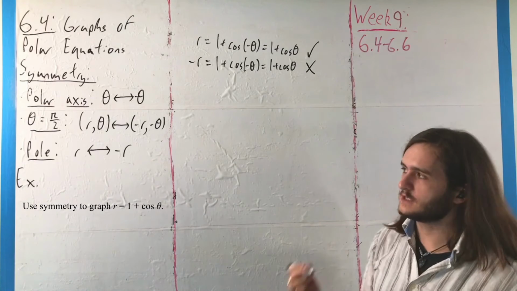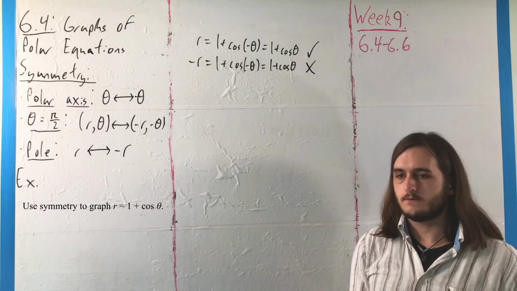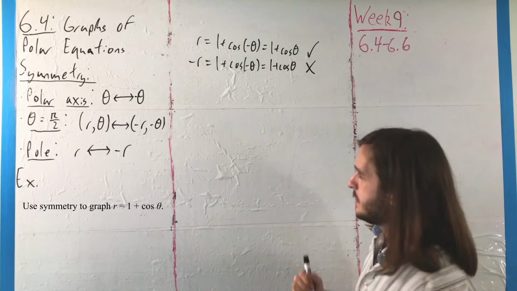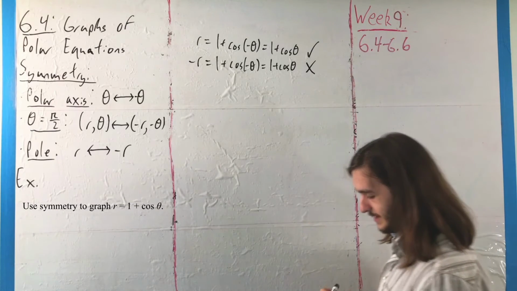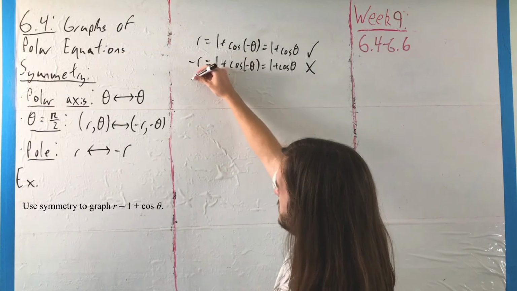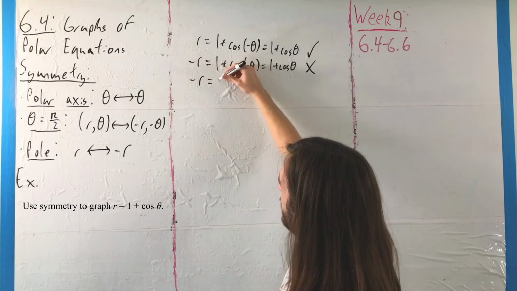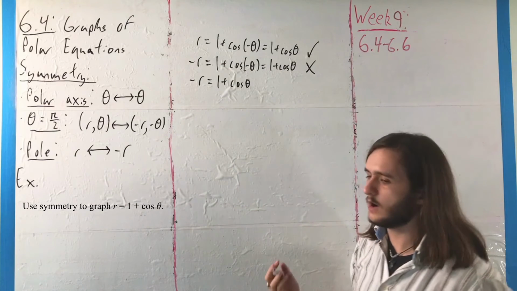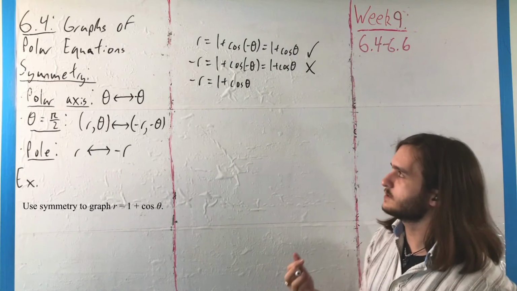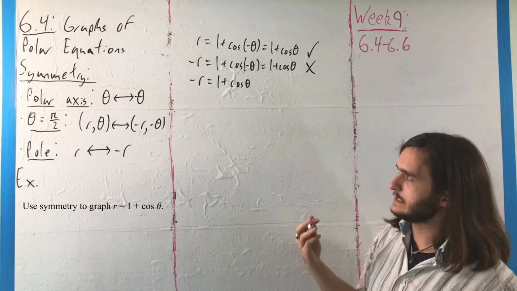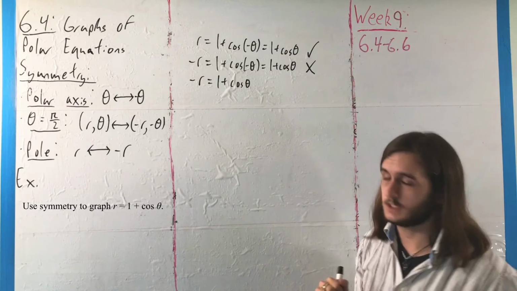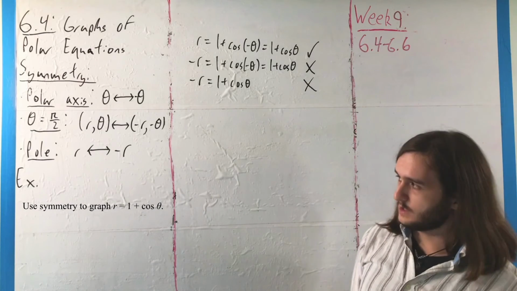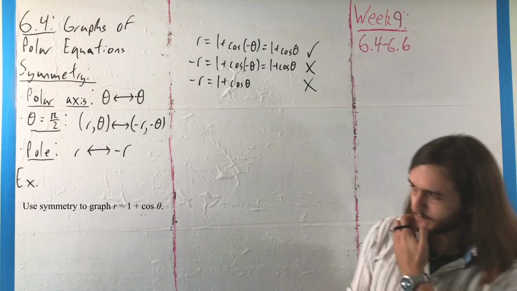So we don't have symmetry with the vertical axis along the angle pi halves. And then finally, for the third case, well, it fails for essentially the same reason. Negative r equals 1 plus cosine of theta is the same as saying r is equal to negative 1 minus cosine of theta, which is a different polar equation than where we started. So we do not have symmetry about the pole.